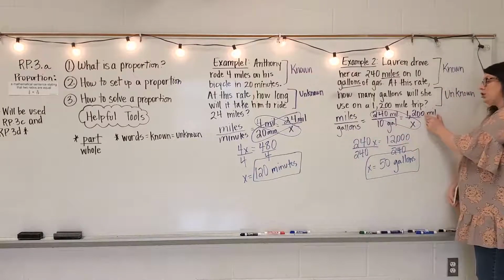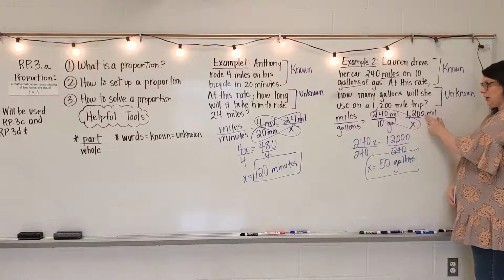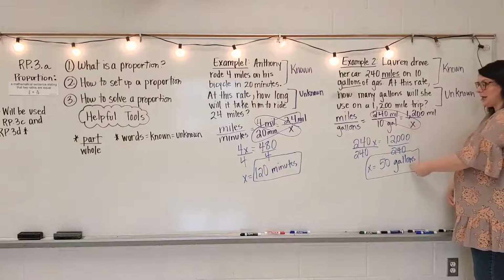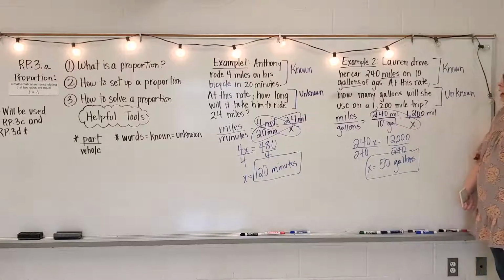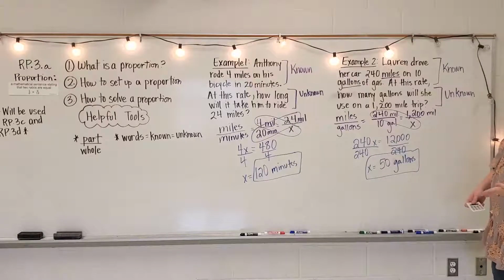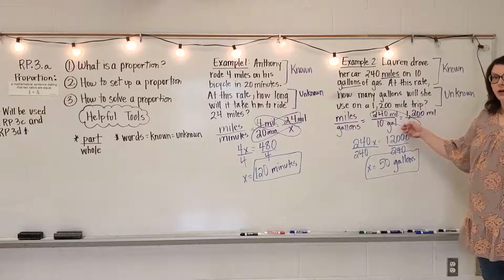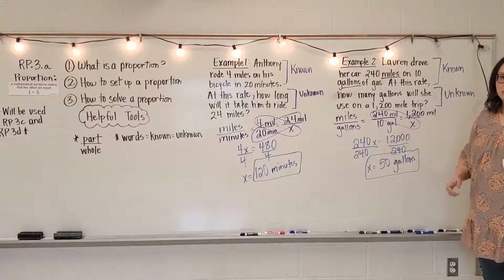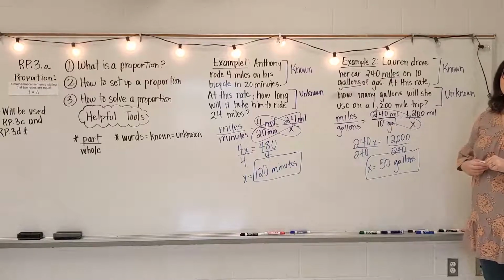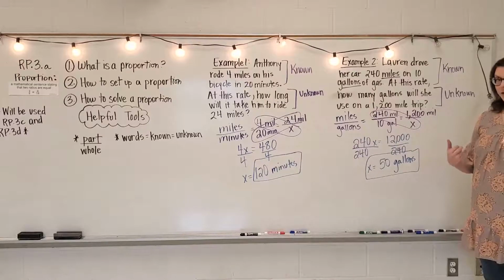So my mileage on this proportion, or this ratio, should be higher than my gallons, as it was. Because it is a multiplication problem, you know that you could always plug this back into where your variable is and check and make sure that the fractions or the ratios are in fact equivalent.